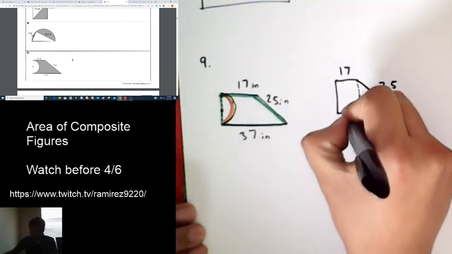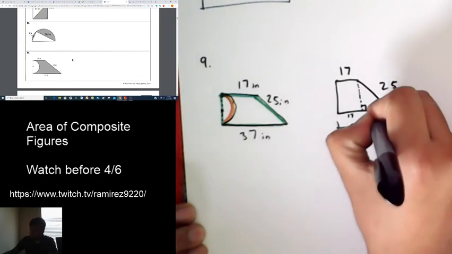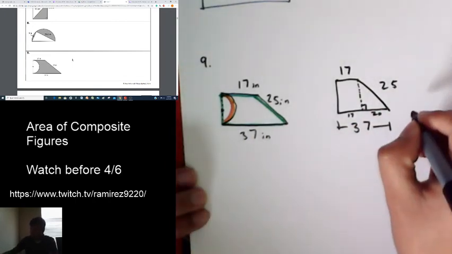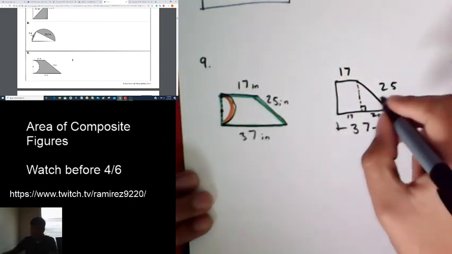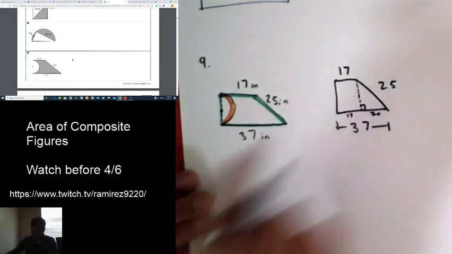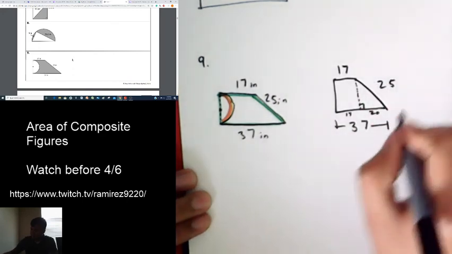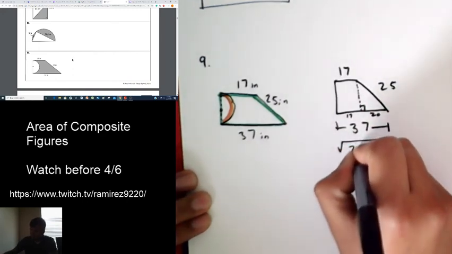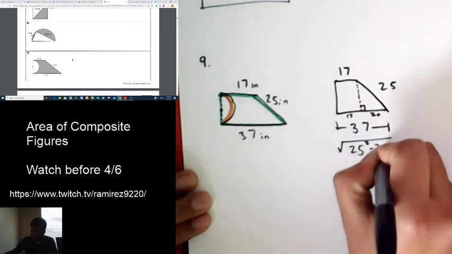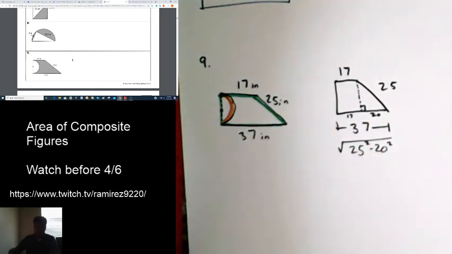So again, if that's 17, that's 17, so this has to be 20. I have a right triangle, and because I know my hypotenuse, essentially I'm going to have to subtract to find my height here. And this is just something that must be done at some point.